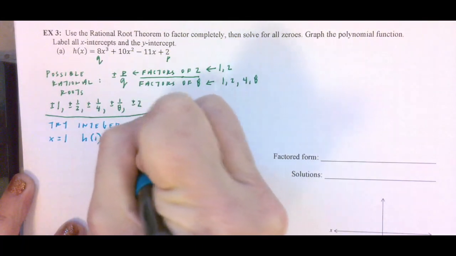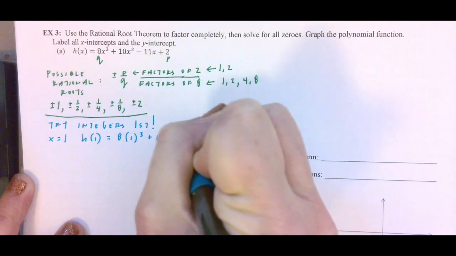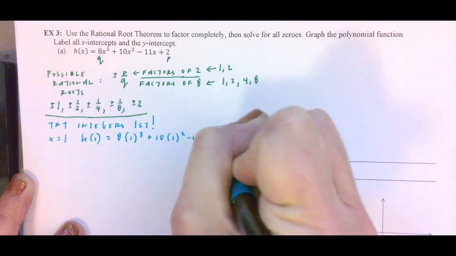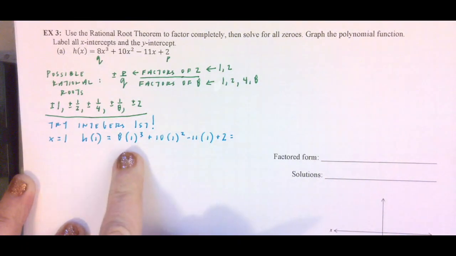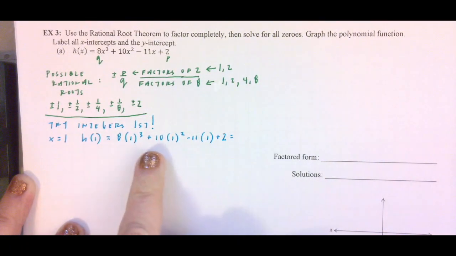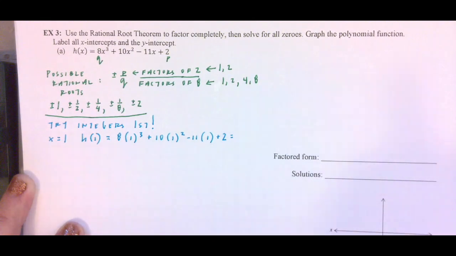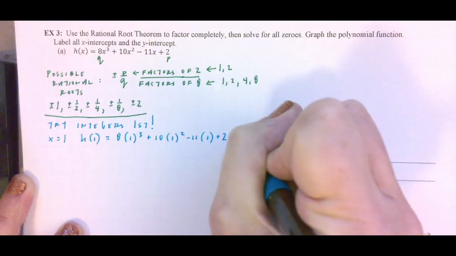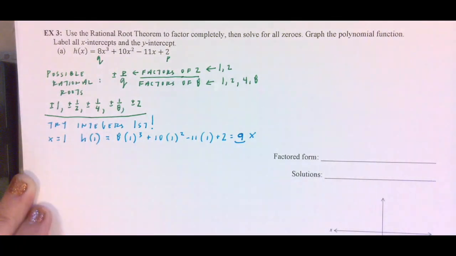So let me show you how I'm just plugging that in for x. And what it's going to output. So 8 times 1, 8 plus 10 minus 11 plus 2. Ooh, that's going to give me 9. So not a 0. It doesn't give me a remainder of 0.